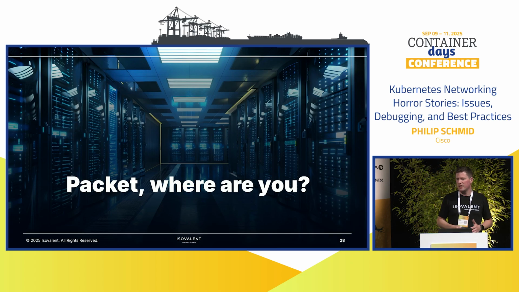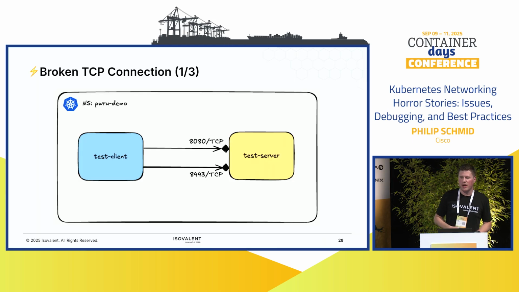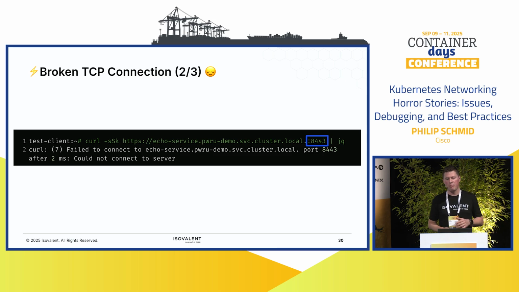Let's talk about the next story, which I call "packet, where are you?" Now, let's assume a pretty simple situation. In this case, we have a test client and a test server, and the test client is connecting to the test server on 2 different ports. Unfortunately, only one of those ports is working, and as we see, port 8443 isn't working.